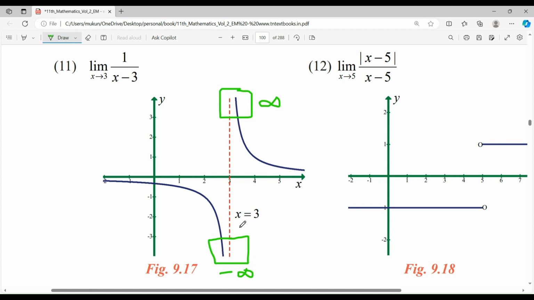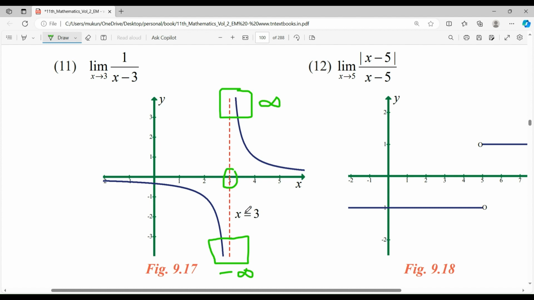This is because x could take a very small value, say 2.99999, just for an example. So 1 divided by x minus 3 becomes negative, and as x tends to 3, it is going to tend to minus infinity. So you will see that there is a break here at the point x equals 3. And at x equals 3, this becomes infinite.